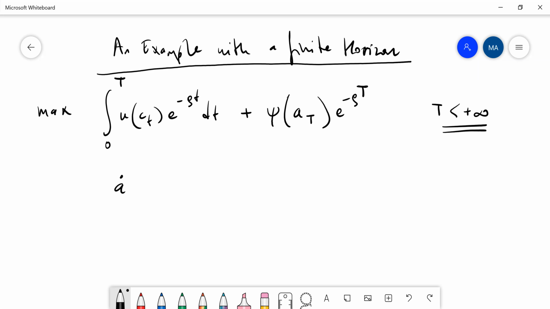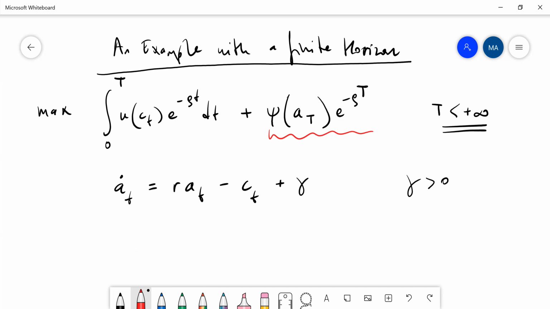All right, so there is this asset stock. That asset stock follows this time path. Okay, and you may actually add some income source as well. Okay, suppose that gamma is positive. Okay, you may imagine that this is a transfer or this is some sort of wage income. All right, now what happens? This consumer has some bequest motive, right? Because at T, she's gonna leave this world.